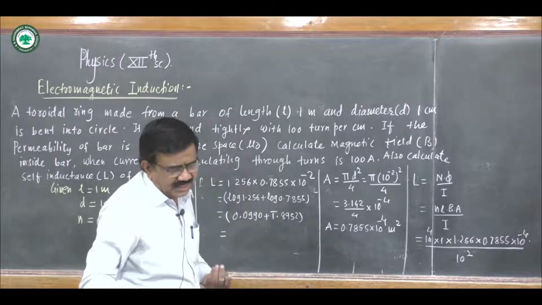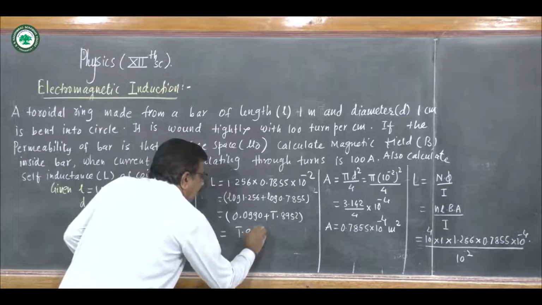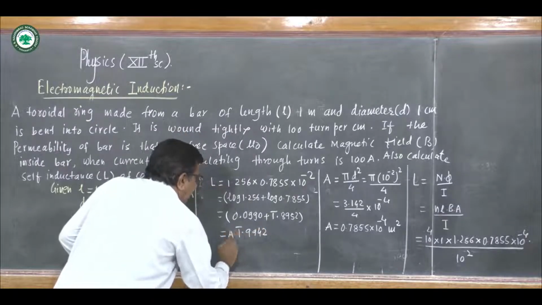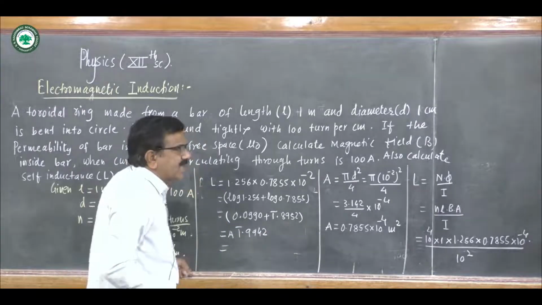Addition of these two logs is bar 1.9944, and we find the anti-log, that is 0.9868.